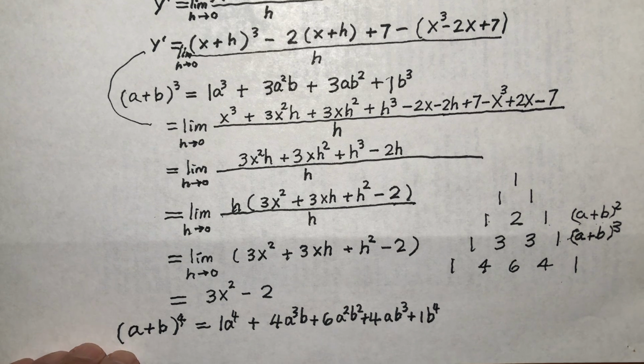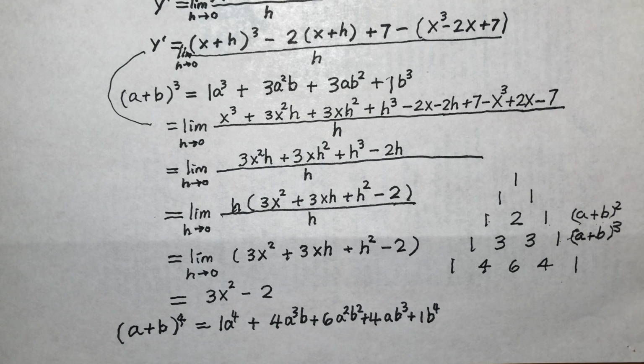That's your formula for power 4. You got it? So power 4 is 1, 4, 6, 4, 1. That's it. Okay. So you have the example now.